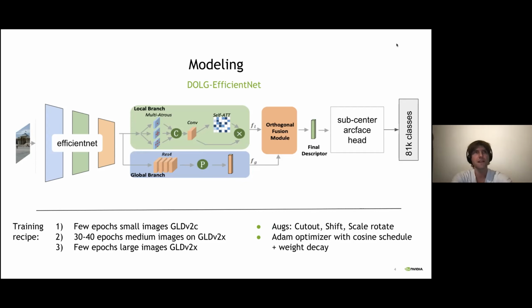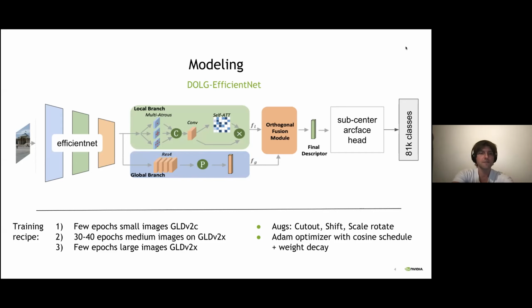So you can learn slightly different embeddings, so you can deal with the high intra-class variability. And this was shown by a top performing team last year to outperform classic ArcFace. And at the end, I predicted the 81,000 classes.